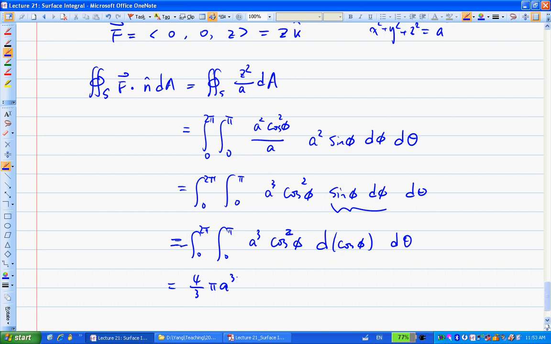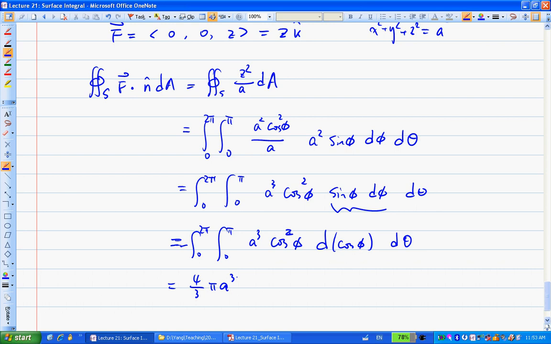So you have a positive flux out of it. Actually, the result is the same as the volume of the sphere. Any questions? So that gives you a sense of how to calculate this.